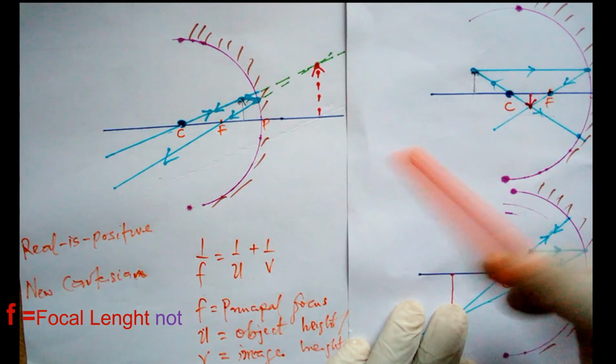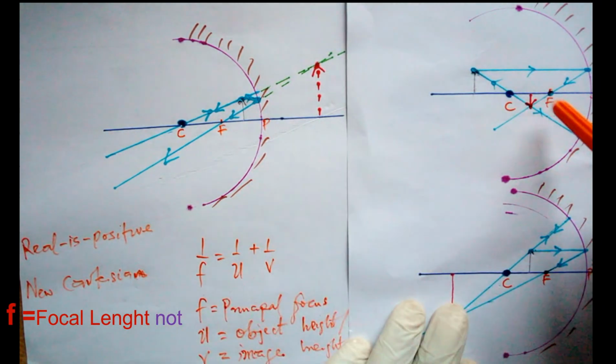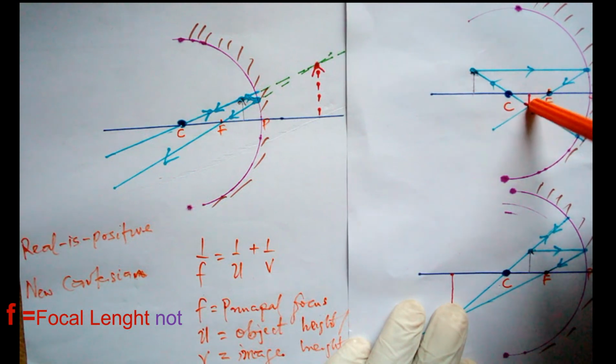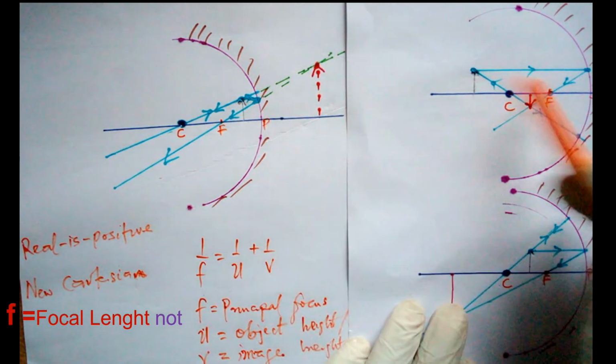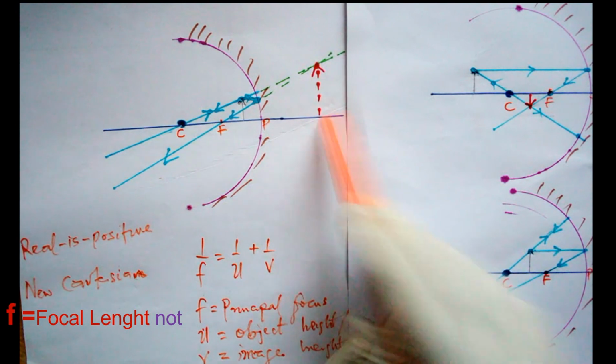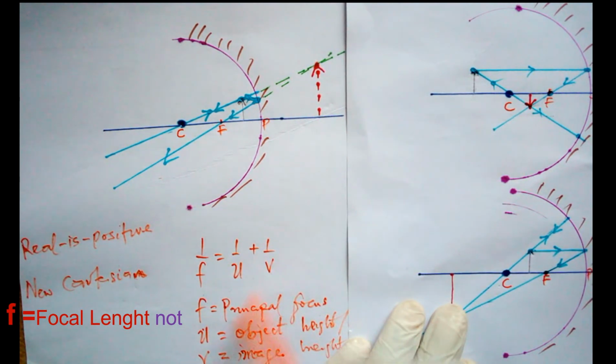Real is positive says that for the fact the image is real and not virtual, the image will have a positive sign. But if the image is a virtual one, you will now have a negative sign, which means this sign here changes to negative.